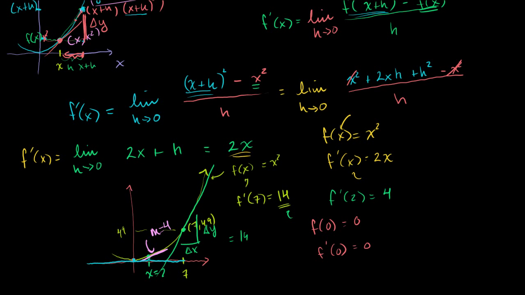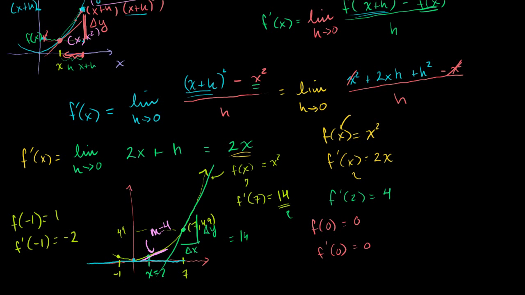Let's try another one. Let's try the point minus 1. So let's say we're right there. x is equal to minus 1. So f of minus 1, you just square it because we're dealing with x squared. So it's equal to 1. That's that point right there. But what is f prime of minus 1? F prime of minus 1 is 2 times minus 1, which is minus 2.